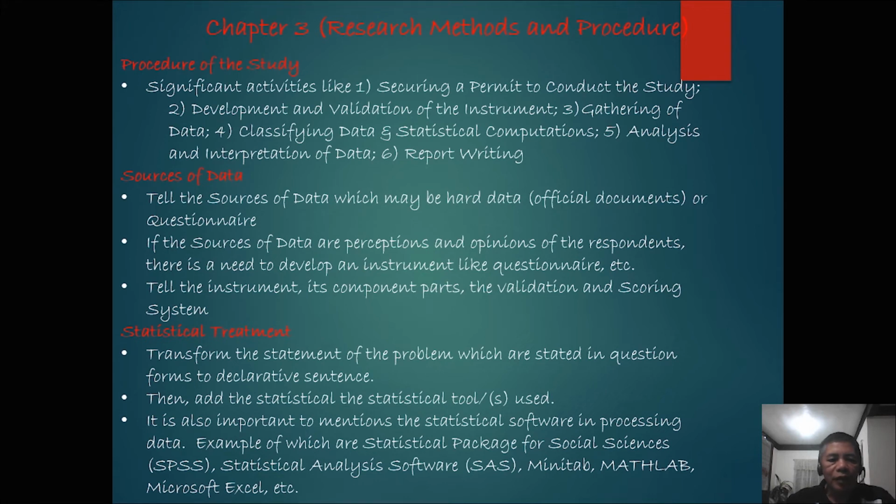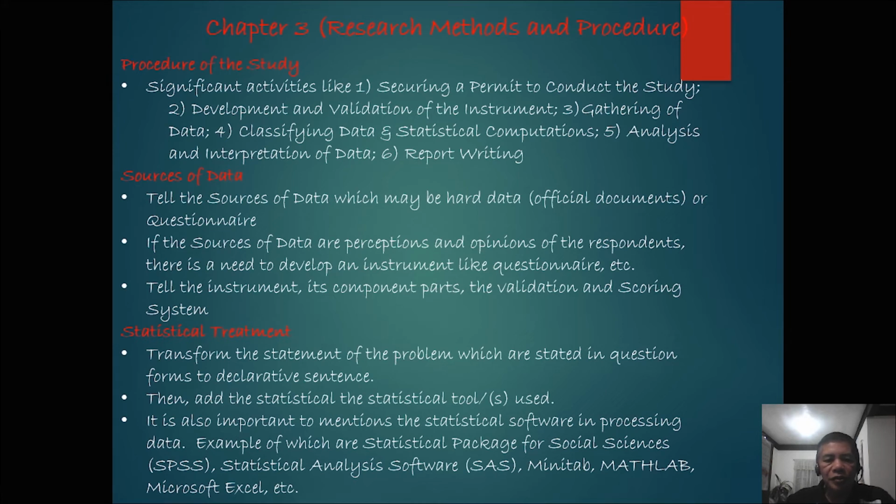Next, we have the sources of data. In the sources of data, you need to tell the sources of data which may be hard data or official documents and other documents, or an instrument like a questionnaire.